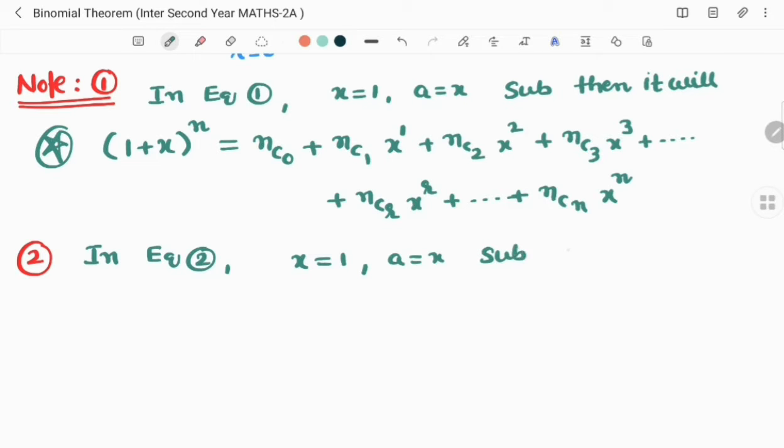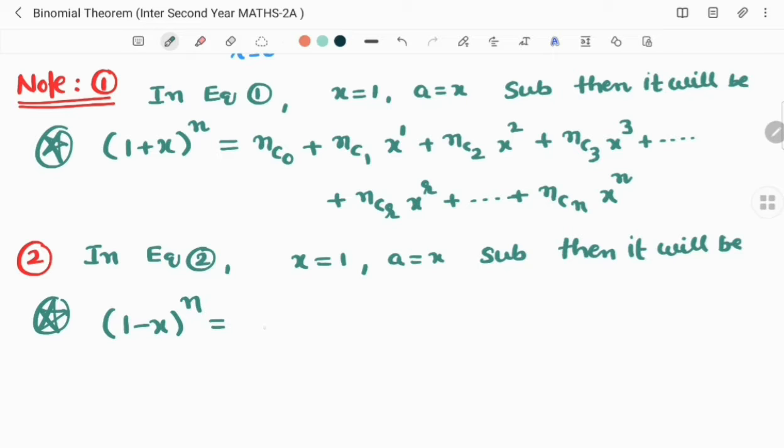Substitute, then it will be 1 minus x whole power n is equal to, here also alternately we are getting nC0 minus nC1 x plus nC2 x square minus nC3 x power 3 plus and so on.